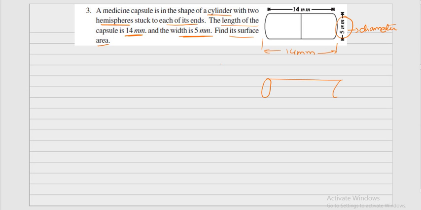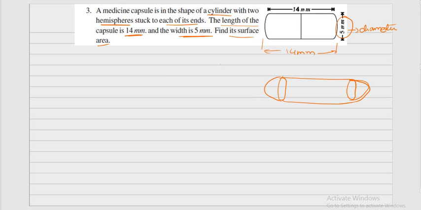Now see here, this is my cylindrical portion. To this cylindrical portion I have two hemispheres stuck at both the ends, right? So if I draw it clearly, there is a cylinder, and on both the ends I am going to have two hemispheres.